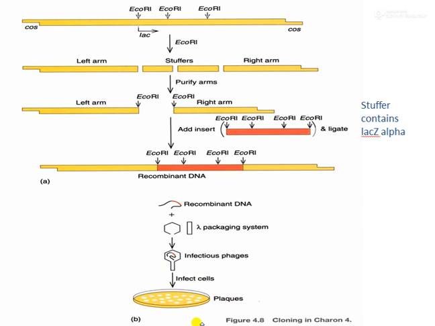If the recombinant DNA is not present and only the phage vector is present, blue colonies will be formed. So the screening of these phage vectors is carried out by blue-white screening, as we had mentioned for plasmids. And here you can identify the recombinant cells by the presence of white colonies.